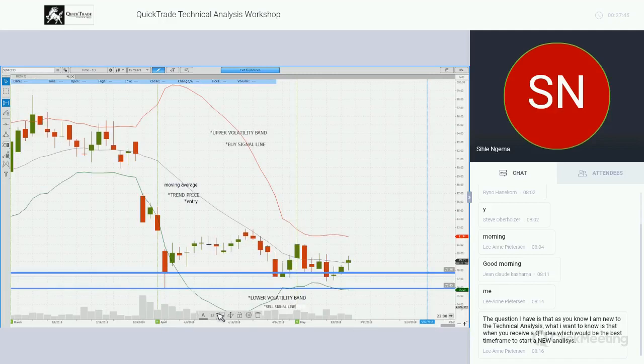So the upper volatility band is our buy signal line. The lower volatility band is our sell signal line.